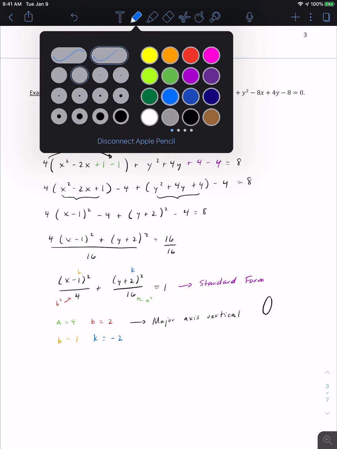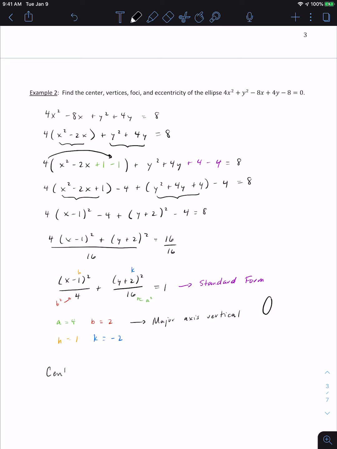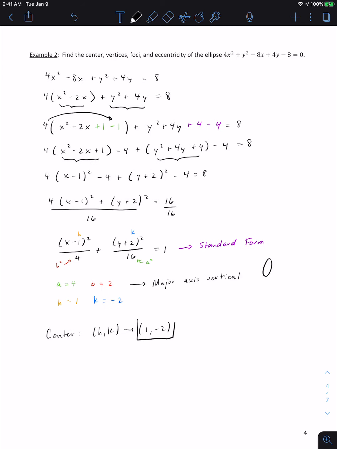So my center, which is (H, K), is going to be (1, -2). That was the first question, what's the center? There's that guy.